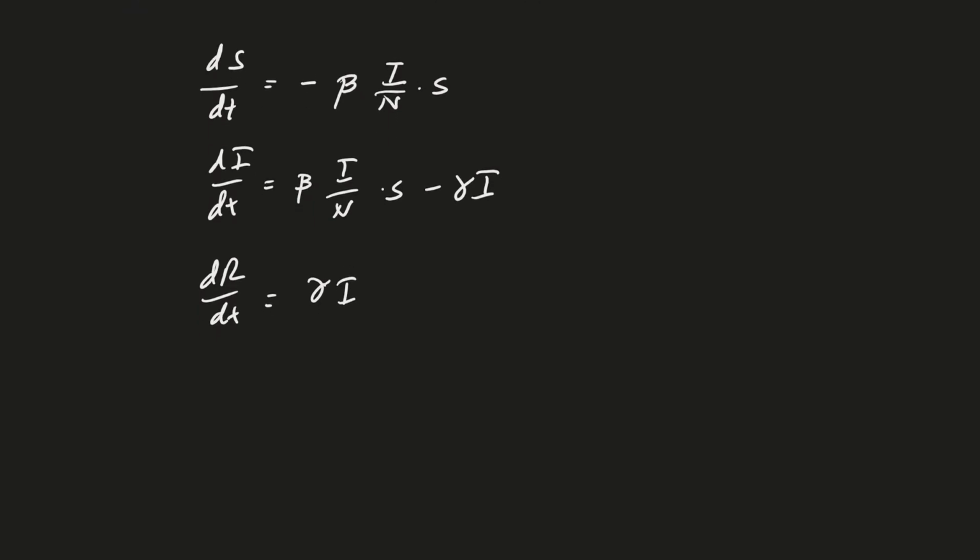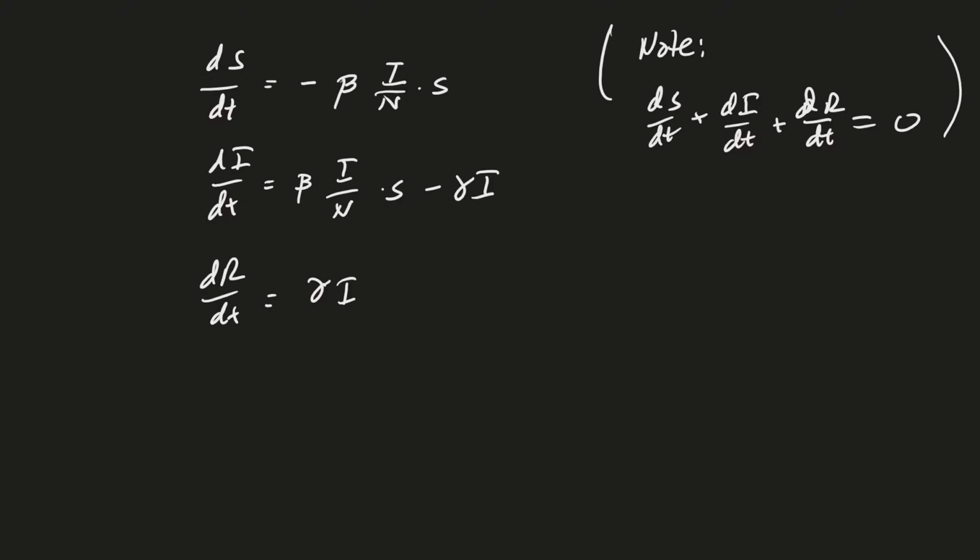Oh, by the way, what happens when I add these three? So you might just note dS/dt plus dI/dt plus dR/dt is equal to what? 0. Therefore, S plus I plus R is equal to a constant, right? And so everything's working out the way it should.